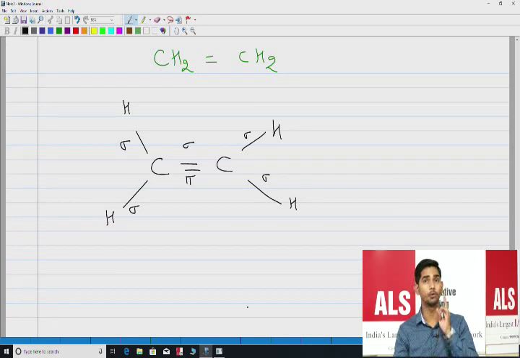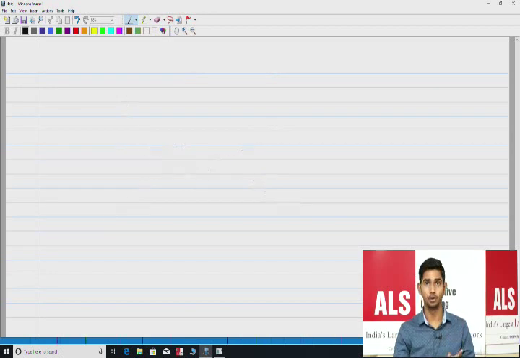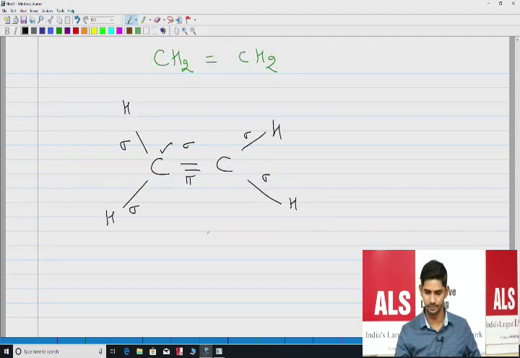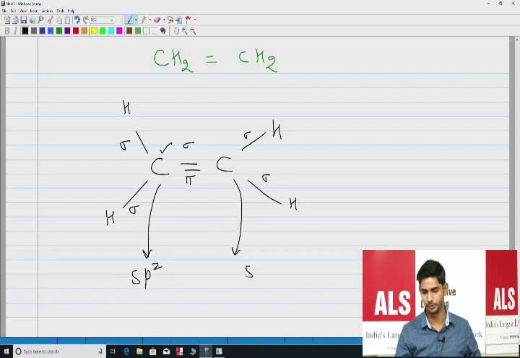First of all, I'm drawing for this carbon. Okay, look at this. I'm using the hybridized orbitals over there. Okay. Look at this. One second, guys. This is sp2, and this is also sp2.